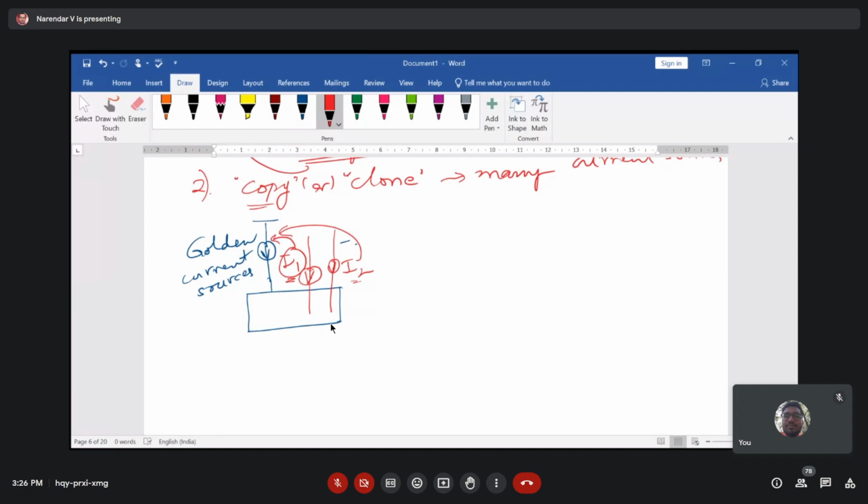Then definitely we have to use a MOS transistor, and a MOS transistor can generate the current. So what we need to do is take the same reference current here. This is where you have the golden current source.